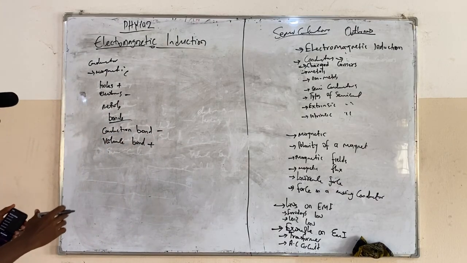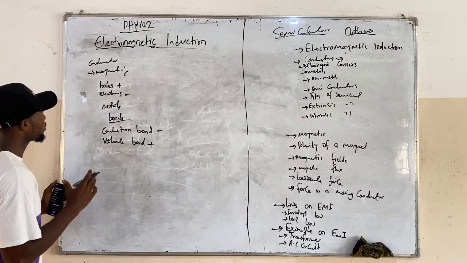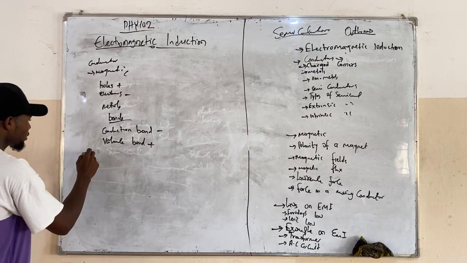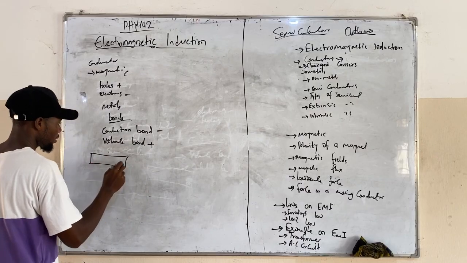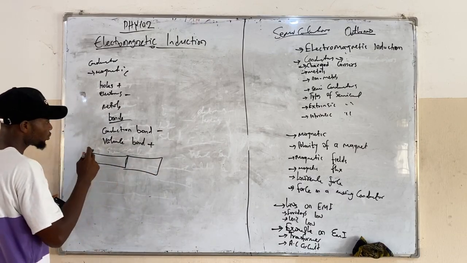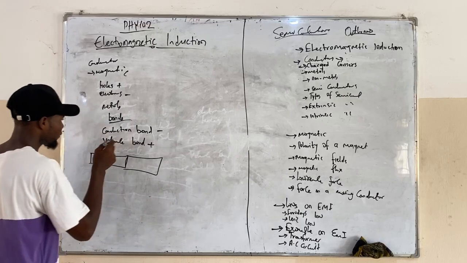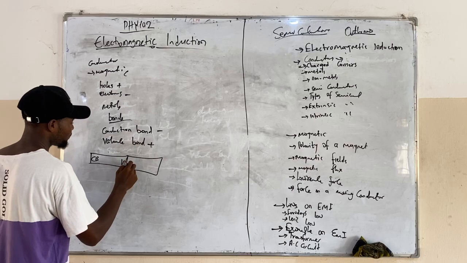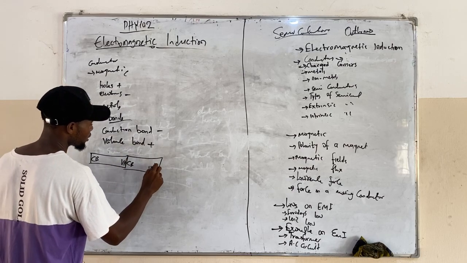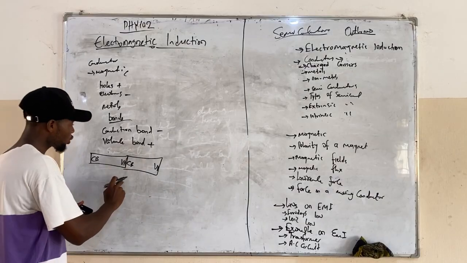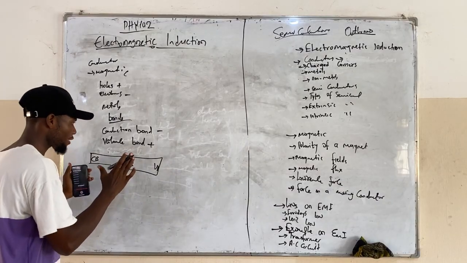Now, if you want to classify materials under the conductor based on this concept, we have this diagram. I told you the conduction band is negative and the valence band is positive. Let's have these three diagrams on the board.